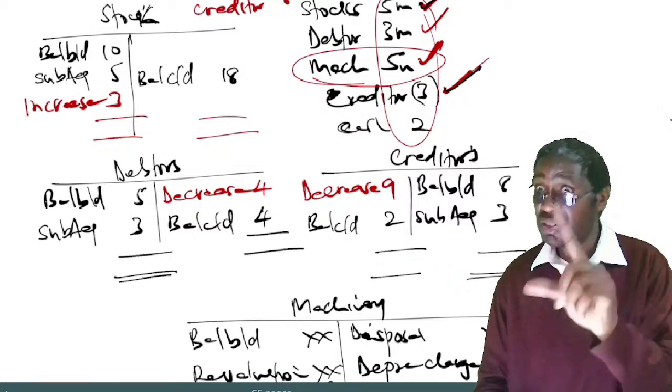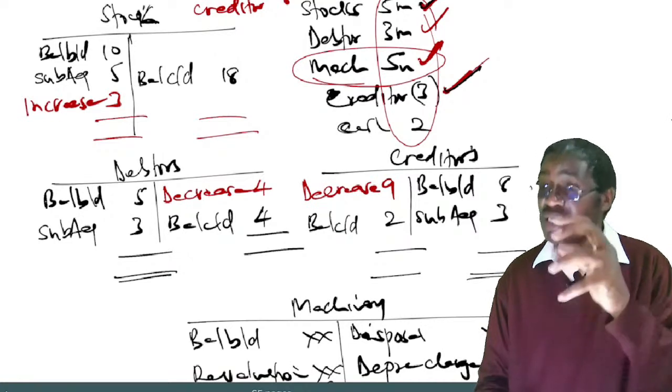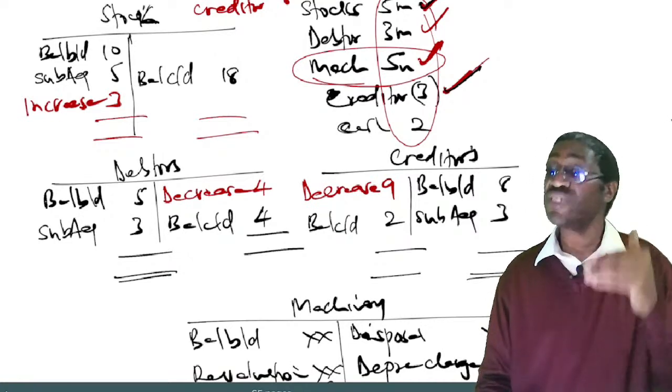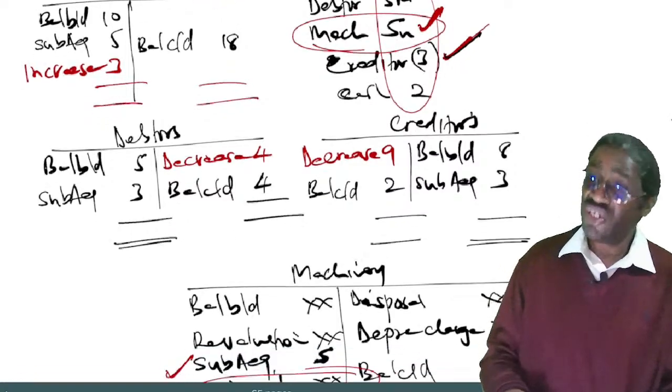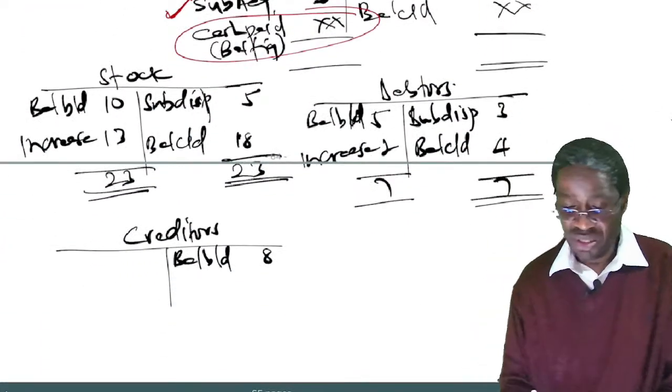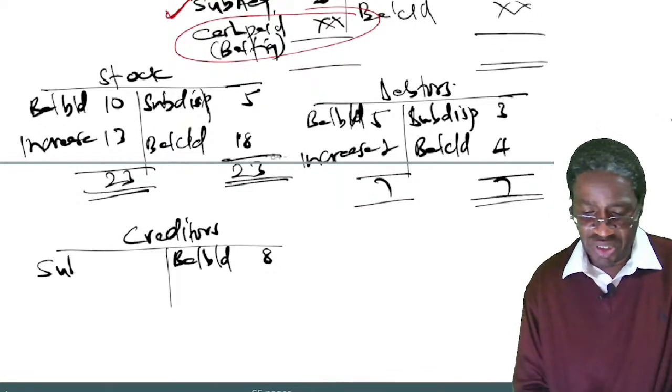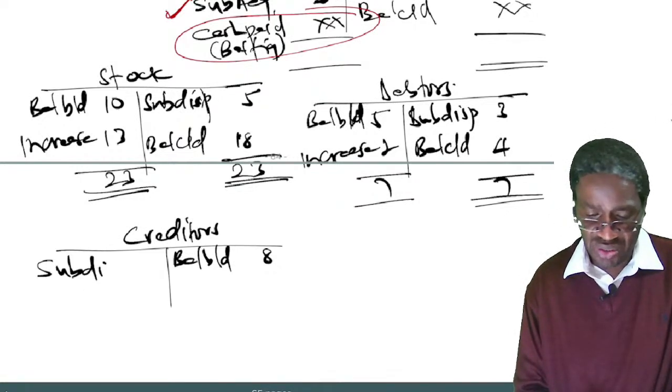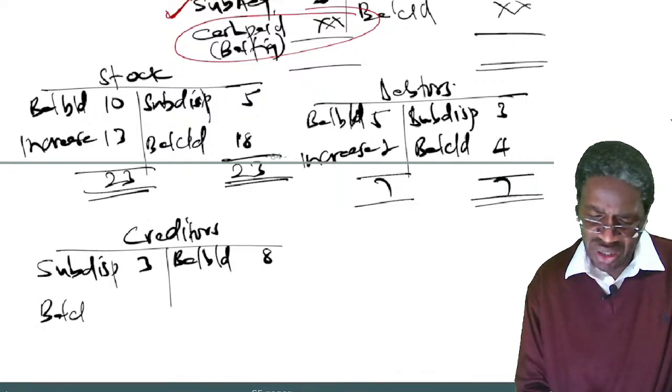It left the group, meaning that the creditors of the group went down. To reduce the creditors, you will go to the creditors account and now debit. So you will come and say here, subsidiary disposed, that is 3 million. Then you carry down the balance by the end of the year.